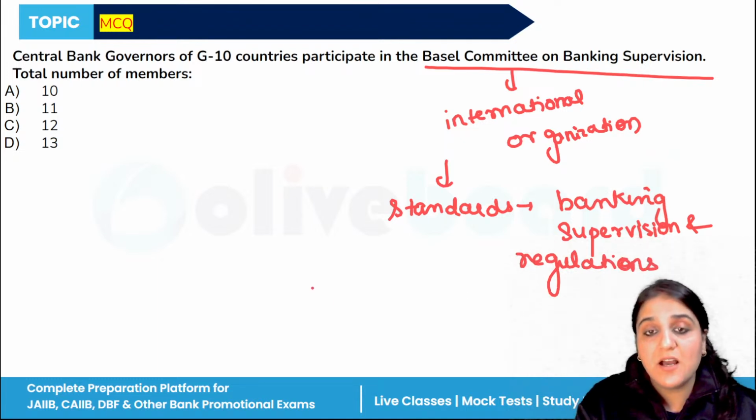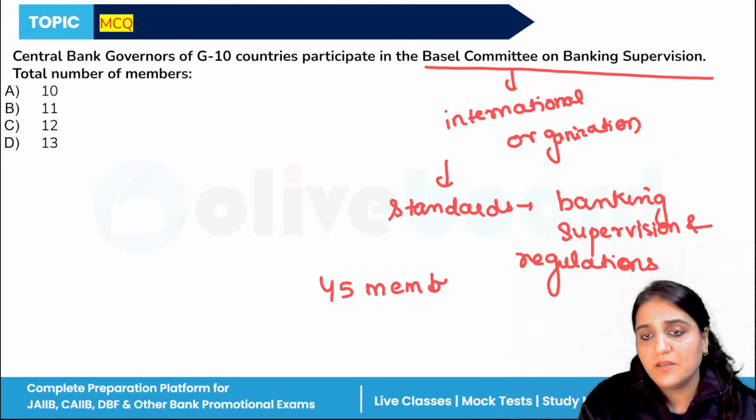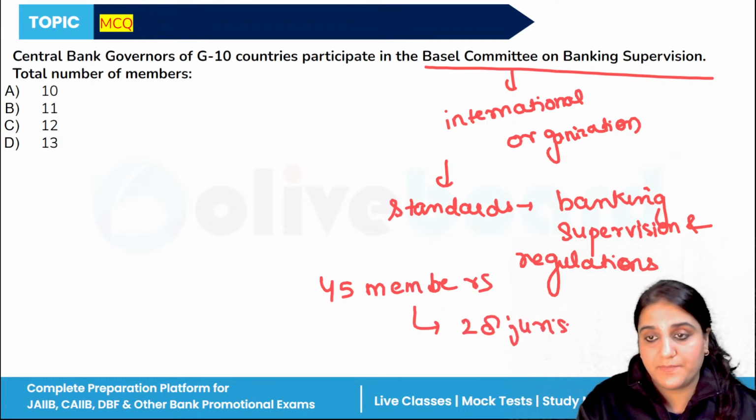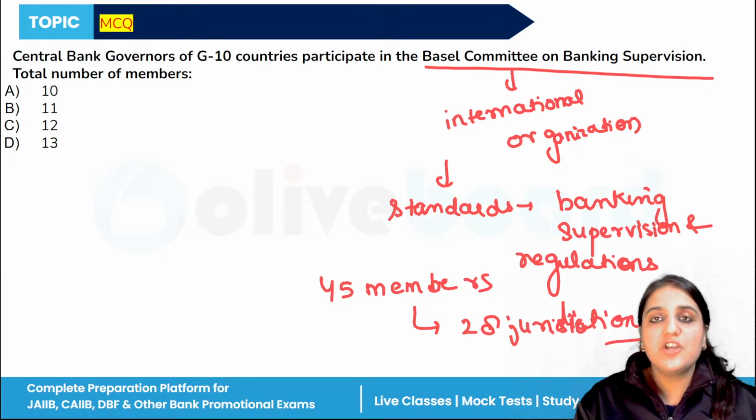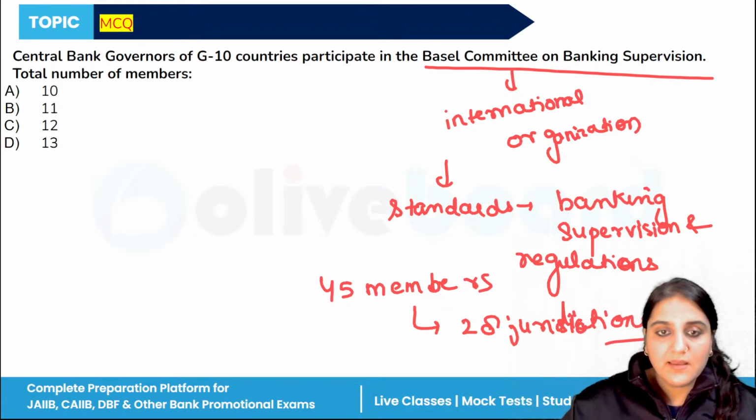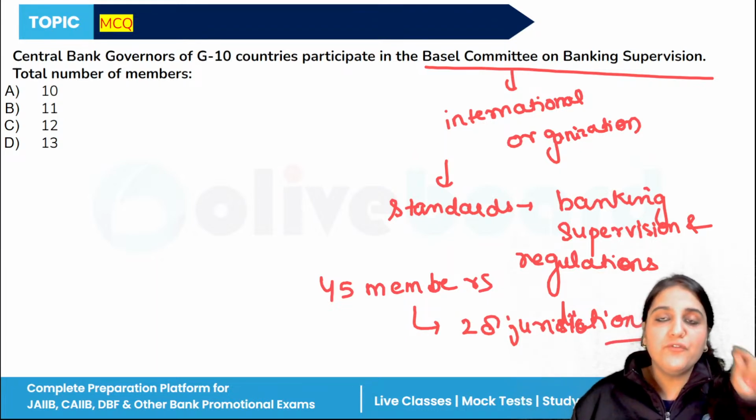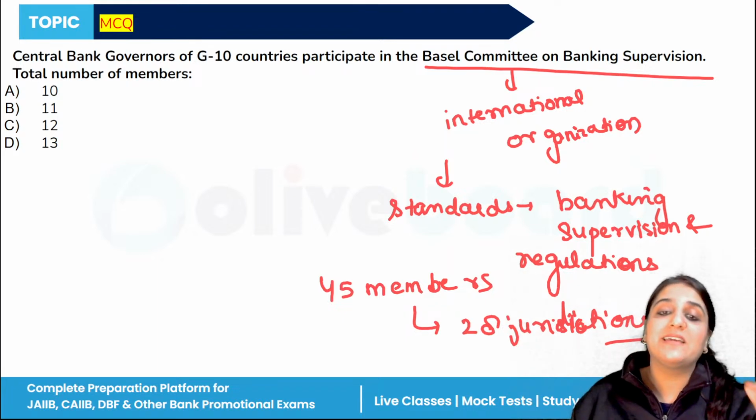This committee comprises 45 members from 28 jurisdictions, which consist of central banks and authorities with formal responsibility for the supervision of banking business.